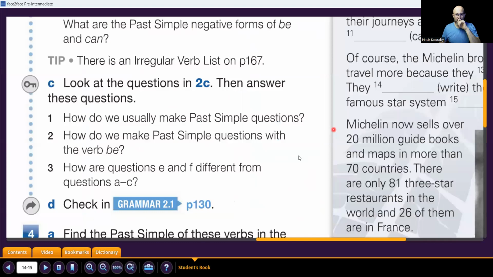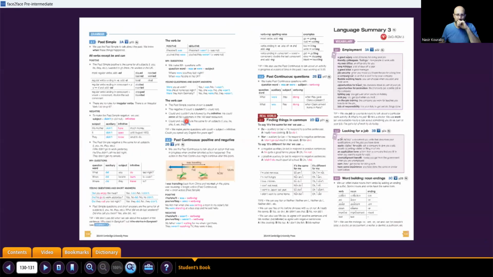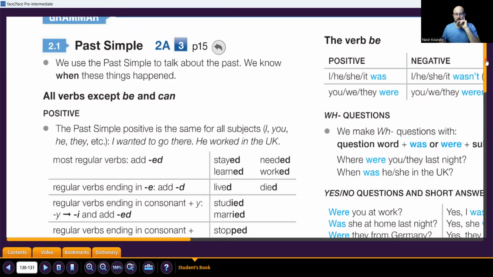Next. Of course, if you want to know more, you go to page 132, section 2.1.